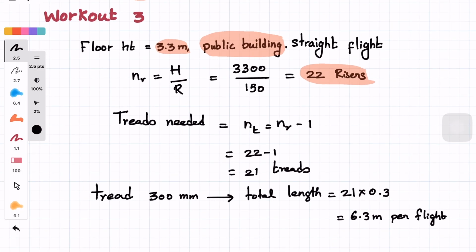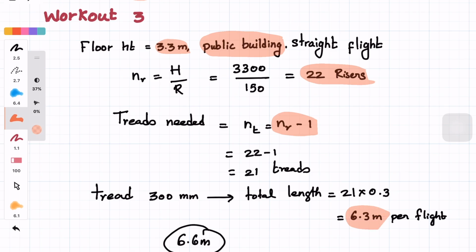The common mistake students make is, when the floor height is 3.3 meters, they generally multiply this by 2, and get the answer 6.6 meters. This is actually wrong because the number of treads needed is NR minus 1. The number of treads will always be one less than the number of risers. So 6.3 meters is the right answer.